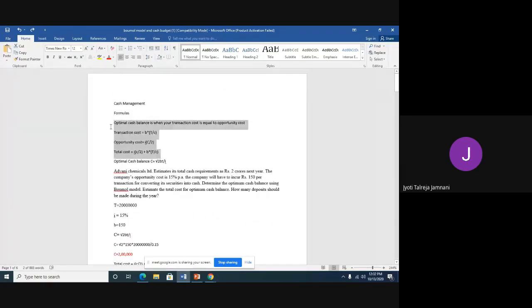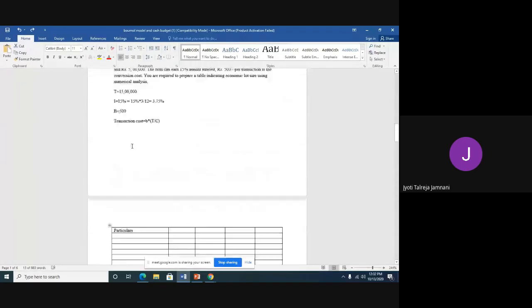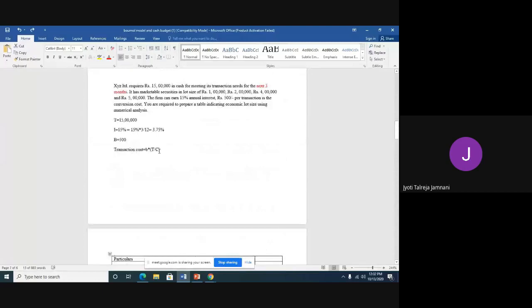In the formula method, you use a formula to find the C value, that is nothing but the optimum cash balance. But in the tabular method, they will give you a range of C values. See here, they have given marketable securities in the lot size of 1 lakh, 2 lakh, 4 lakh and 5 lakh. These are the range of C values. Out of this, which is the optimum C value, we have to find using the tabular method. So here the formula won't help you to find the optimum level, but the tabular solution will help.